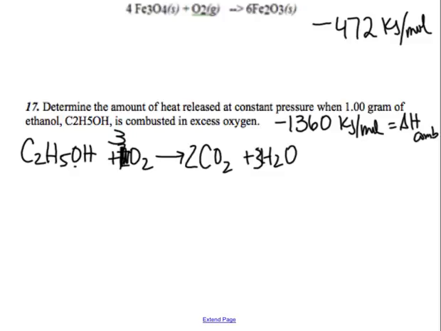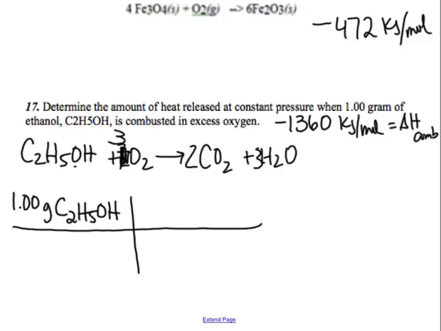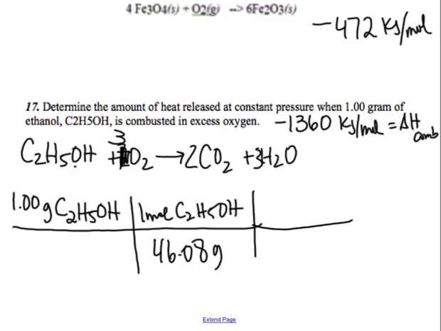Okay, so starting with my 1 gram of ethanol, what do I do next? Convert to moles. For every 1 mole of ethanol, I have 46.08 grams. And then for every 1 mole of ethanol, what do I have? What are we trying to find? Heat released, right?